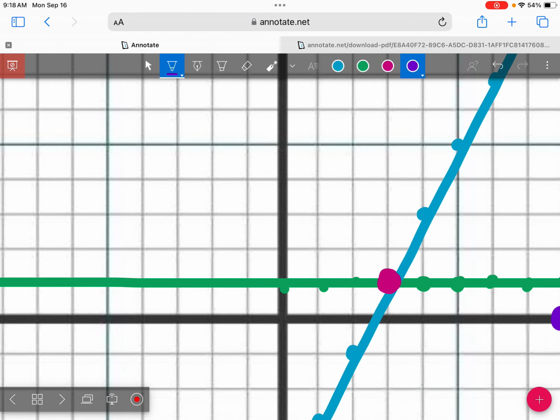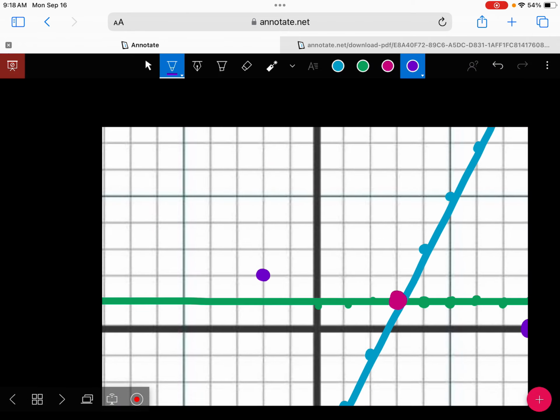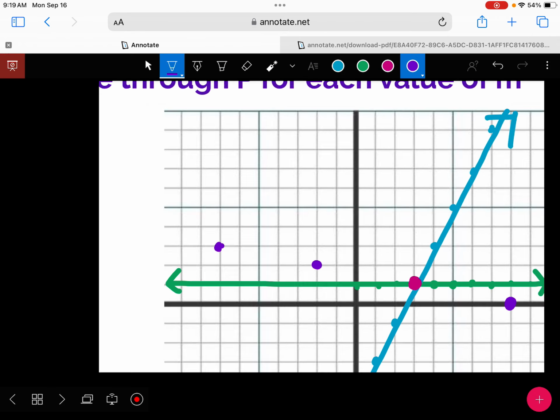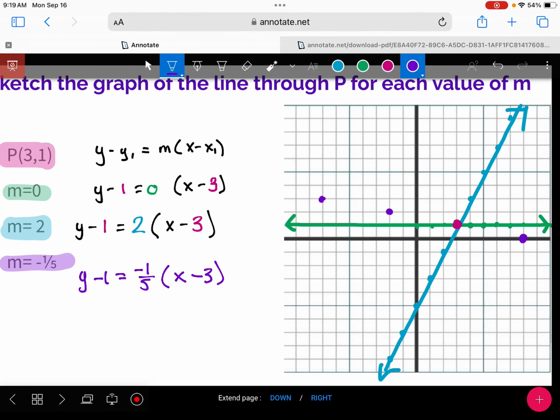So you're going to have to go up 1 and left 5. 1, 2, 3, 4, 5. As long as I switch both, it still gives me a downward slope. Again, the more points we have, the easier it is to connect it up properly. But it should look like that.